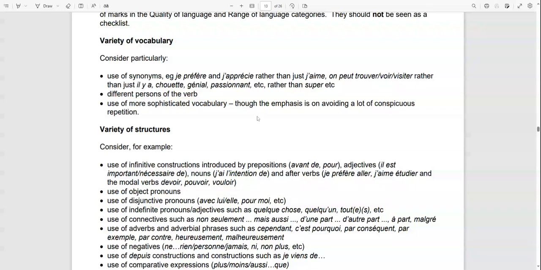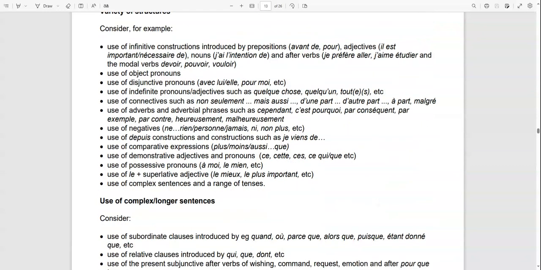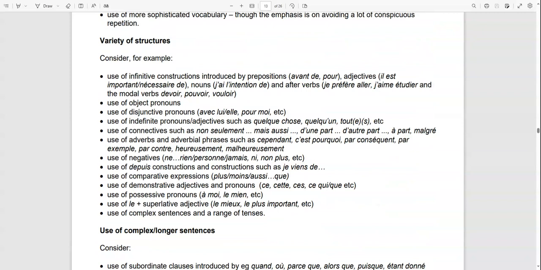So that's one aspect. Then look at some of the variety of structures that we're encouraged to use by the exam board. It mentions use of infinitive constructions introduced by prepositions. So we're talking about phrases like before, avant de, like before going to bed, avant de me coucher.